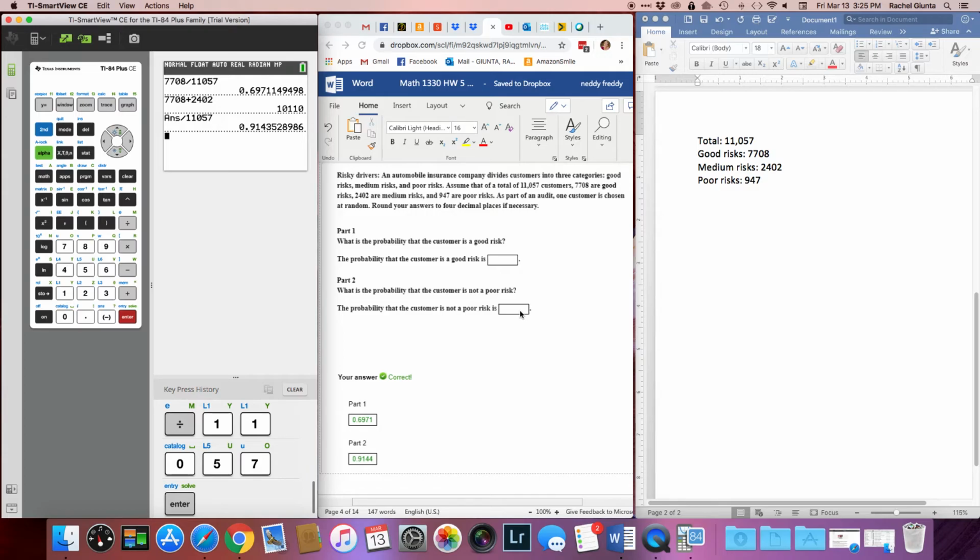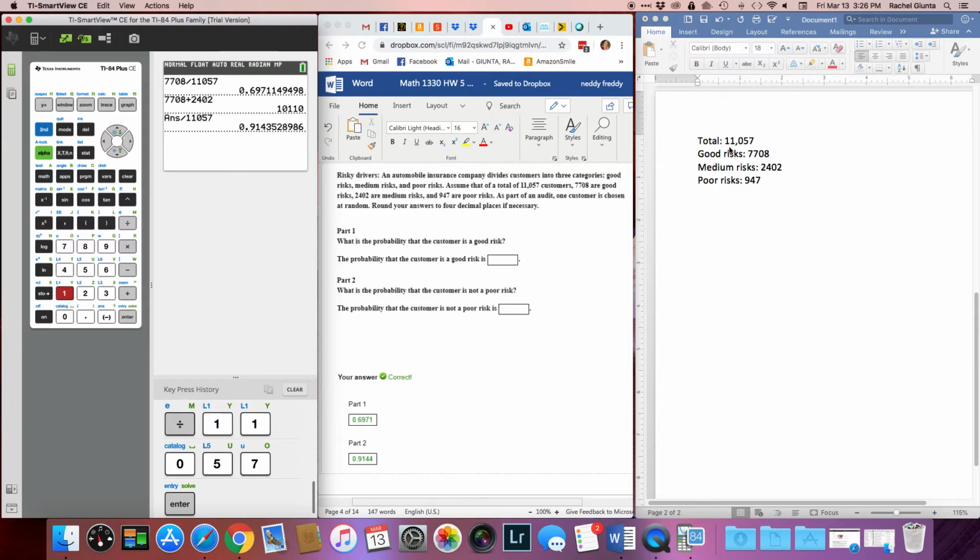I'm going to show you another way to get the same answer. In this problem, both ways are about equally fast, but in some problems, this other way might be a lot faster for you. If you're not a poor risk, then we can just subtract you from the total, and it would give us all the people who aren't a poor risk.